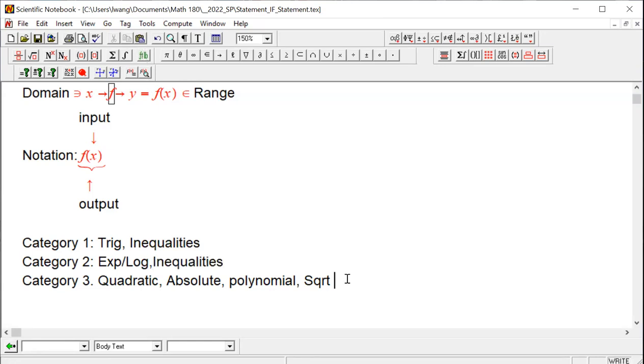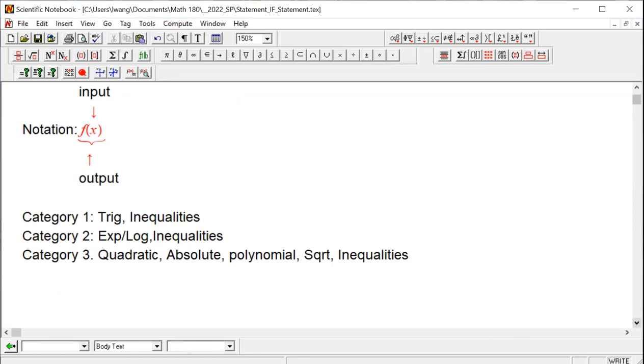For all of these cases, how do we handle them? How do we apply our function ideas to these inequalities? What are inequalities? Greater than, smaller than or less than, equal to. There are all these inequality signs.